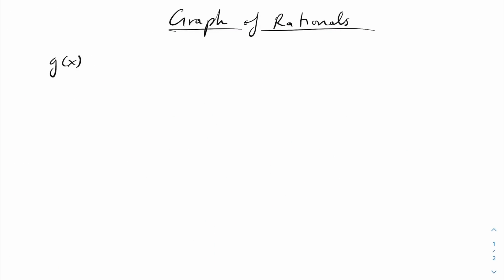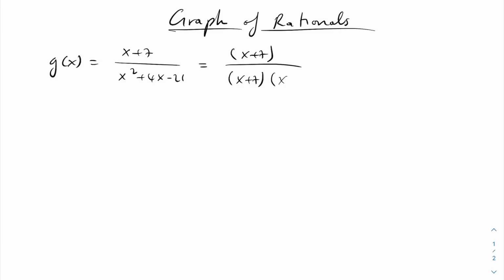I'm going to have here g of x equals x plus 7 divided by x squared plus 4x minus 21. And so with that, you know already that the top is going to be x plus 7 and the bottom should be (x plus 7) and then (x minus 3). With that, you can cancel out the x plus 7 and you're going to get 1 divided by x minus 3.